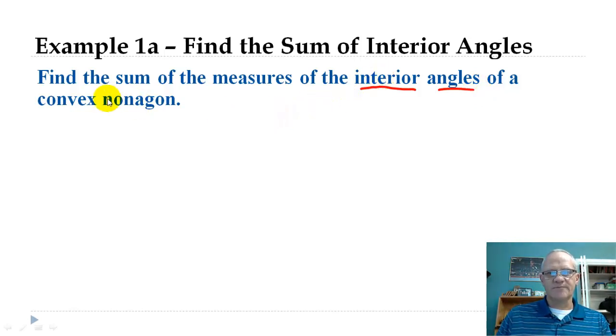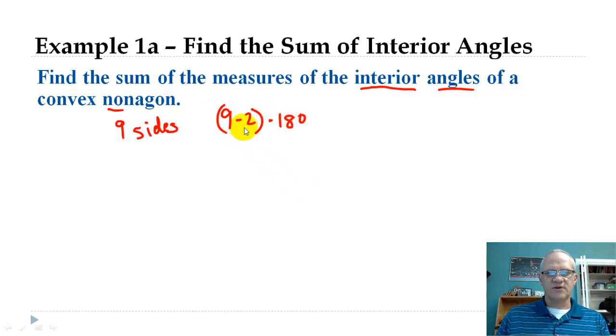The angles are inside. All right, nonagon is how many? 9, right? So there are 9 sides. So I don't have to draw this out. I don't have to make all these triangles. All I have to do is say, if there are 9 sides, the formula just says 9 sides minus 2, and then I go times 180.